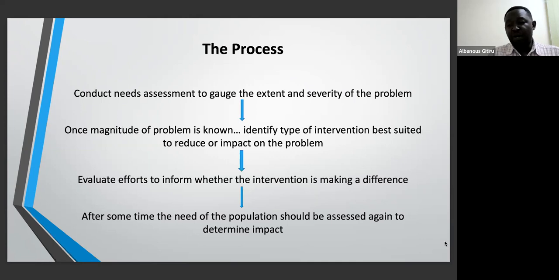But then later, probably after you're done with the project implementation, after some time, you will go back to the population of interest and measure again, are there any permanent, more changes that are more grounded? And these ones, we call them now the outcomes. So the output and the outcomes. But the outcomes, we can easily get the outcomes and the impacts after the project has been implemented. The next slide, please.